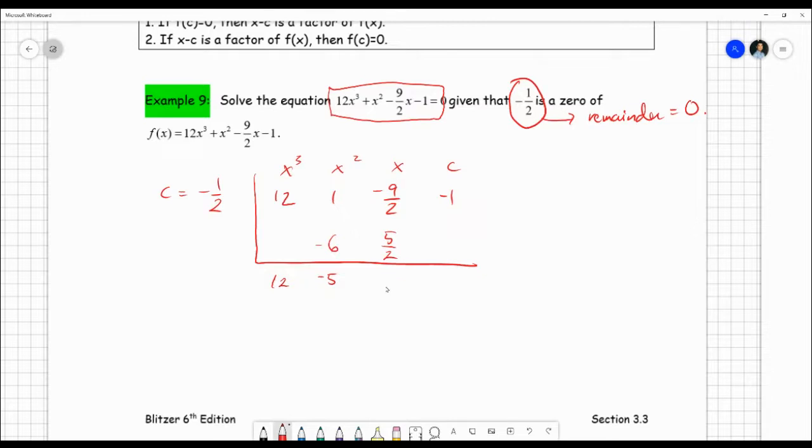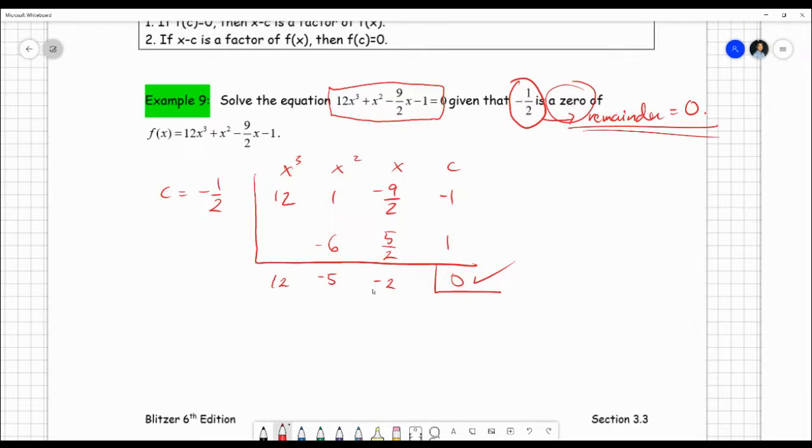And add this, you get negative 4 over 2, which is negative 2. Multiply this, you get positive 1, and the remainder is 0. If your remainder is not 0, you did something wrong because it told you that negative 1/2 is a zero. So therefore, you must have a remainder of 0.